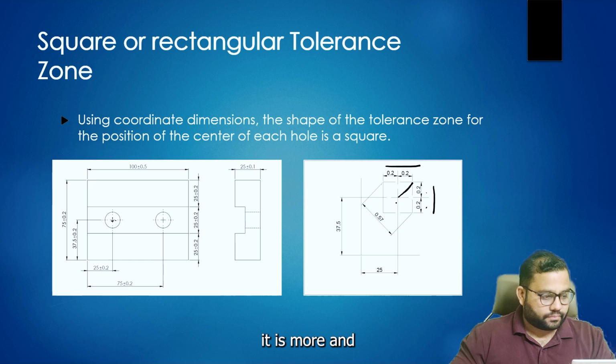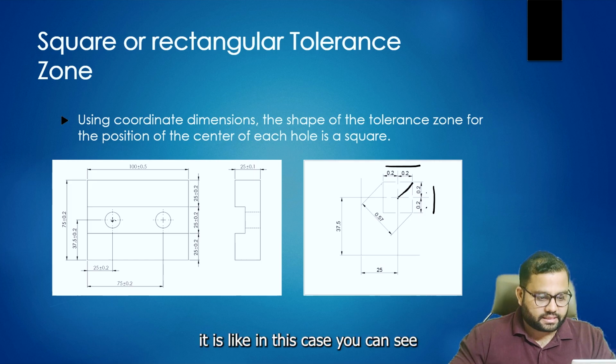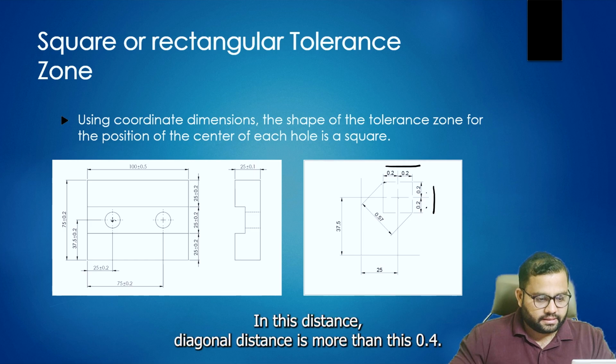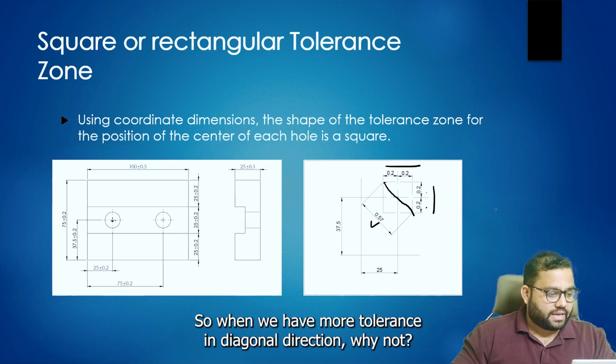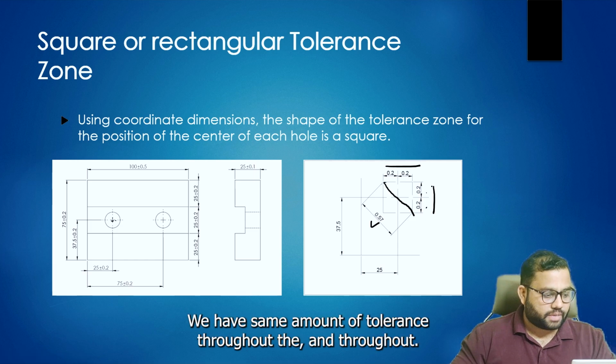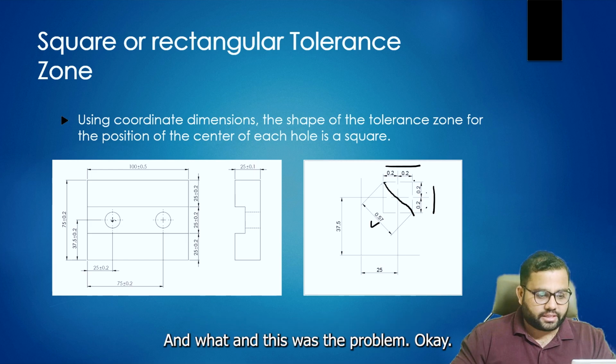In this case you can see the diagonal distance is more than this 0.4. It is 0.57. So why not have the same amount of tolerance throughout? This was the problem.